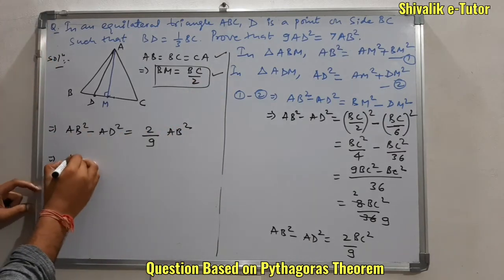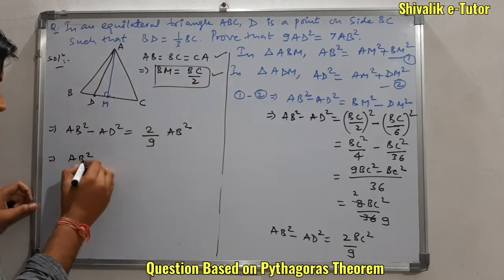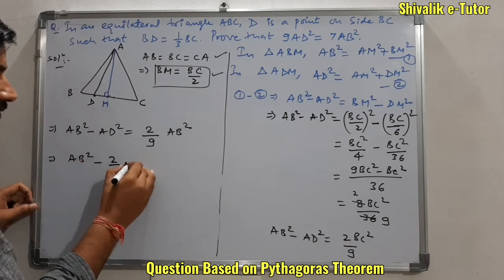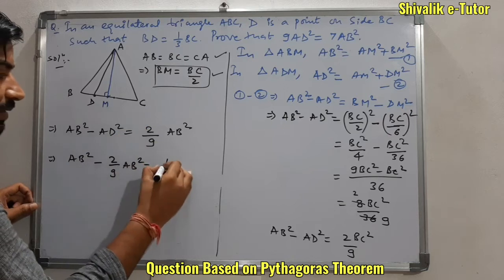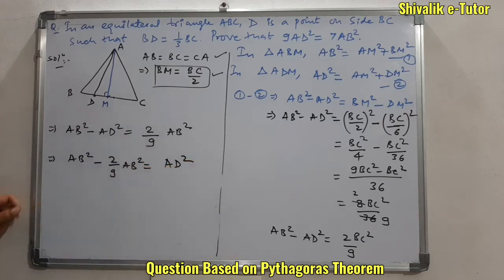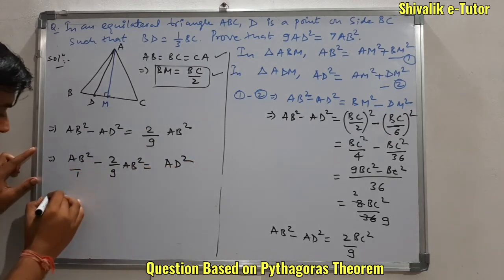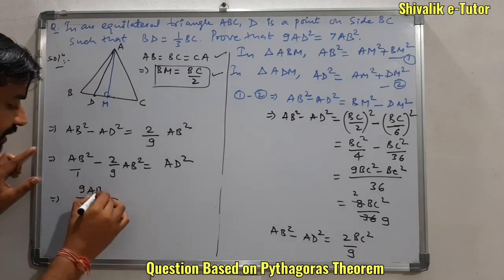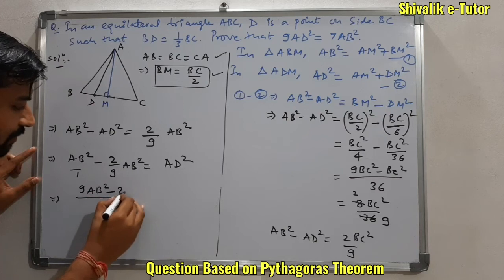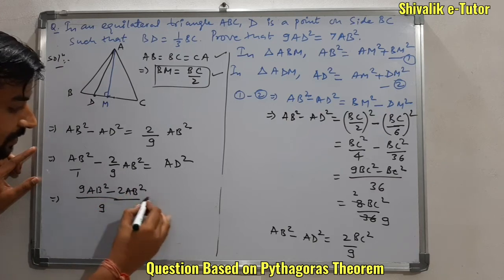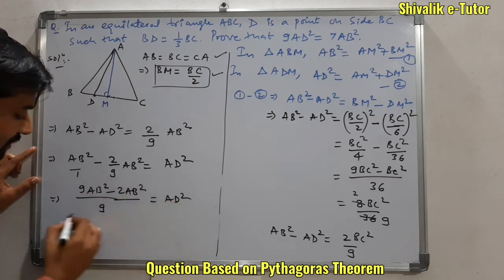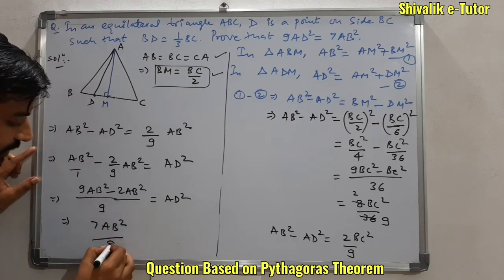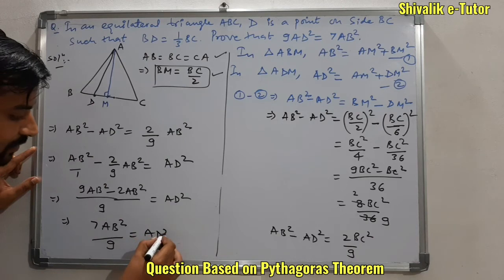Bring it here, we'll be getting AB square minus 2 upon 9 AB square, and this AD will go to RHS, that is AD square. Now let us take LCM here, 9. So if we cross multiply this, we'll be getting 9 AB square minus 2 AB square and AD square. If you subtract, you will be getting 7 AB square upon 9 is equal to AD square.